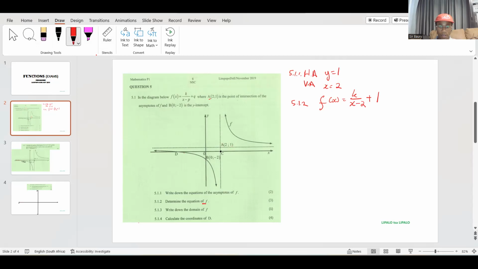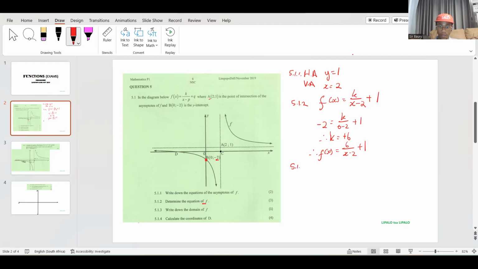To solve for k, I'm gonna substitute using this coordinate here, B. The y value is negative 2, x is 0. So negative 2 equals k over 0 minus 2 plus 1. Therefore, the value of k, when I solve this, is negative 3 over negative 2, so I have a positive 6. That is my value of k. So the equation of f is defined by 6 over x minus 2 plus 1.